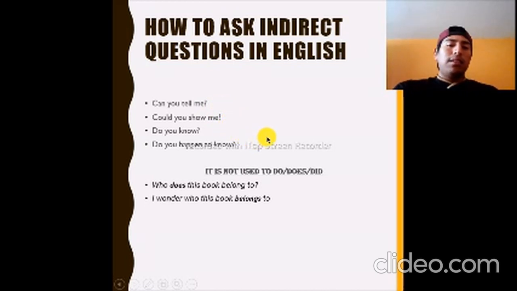Okay, we don't use do, don't, did, that. The auxiliary verbs which are added to ask a question disappear in the indirect question. The main verb is conjugated in agreement with the subject.